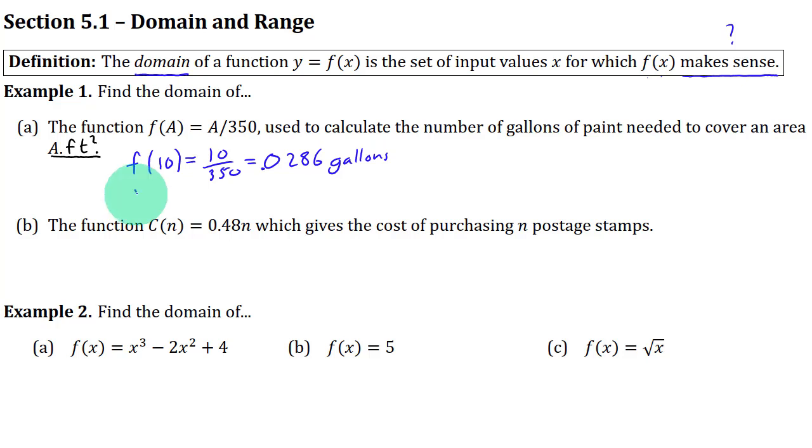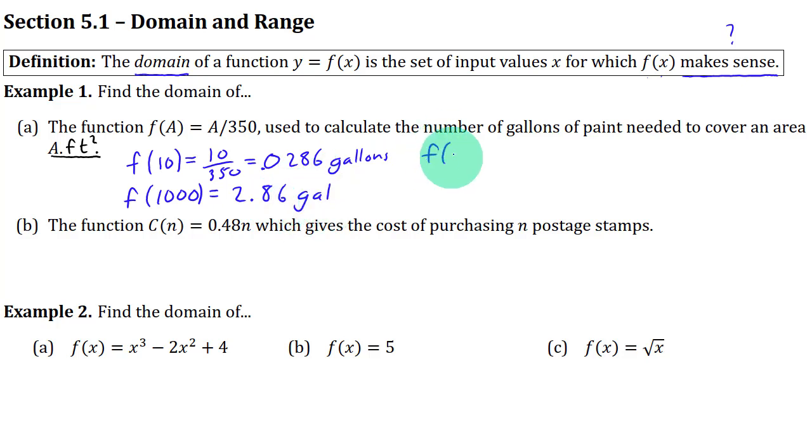You could do f of 1,000 square feet, like you need to cover a few walls of a big house. That's going to come out to be, not 20, 2.86 gallons, and that's a lot too.